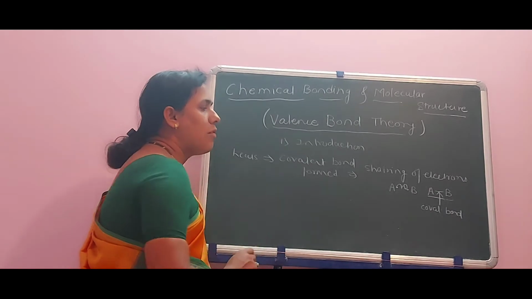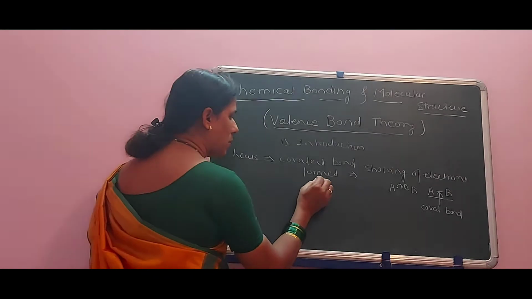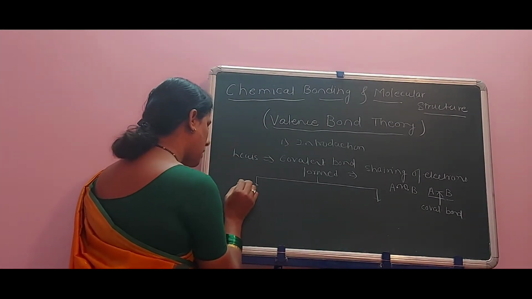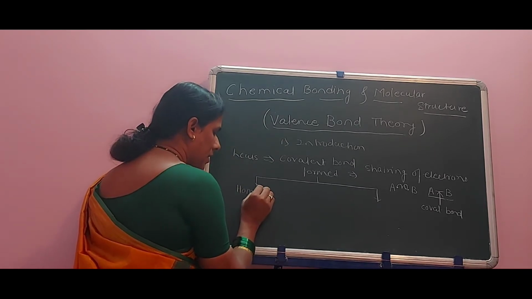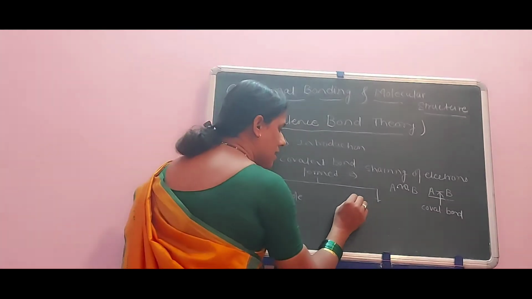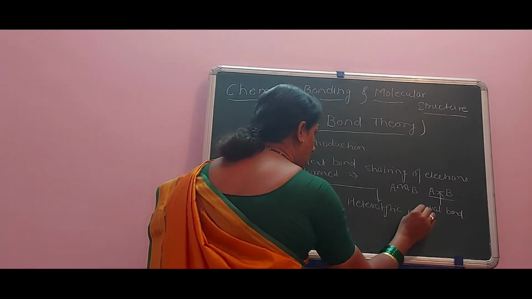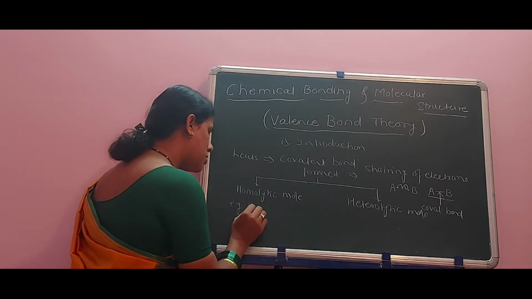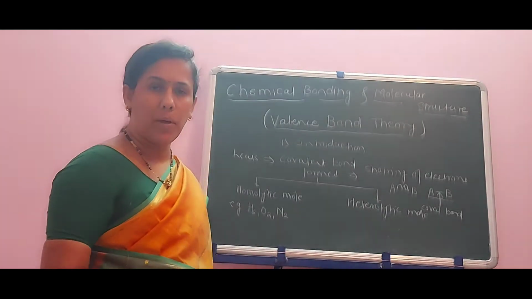Now this bond formation takes place in two types of molecules. Which are these two types of molecules? First one is homolytic molecules, and second is heterolytic molecules. In homolytic molecules, for example H2, O2, N2, which are known as diatomic molecules.